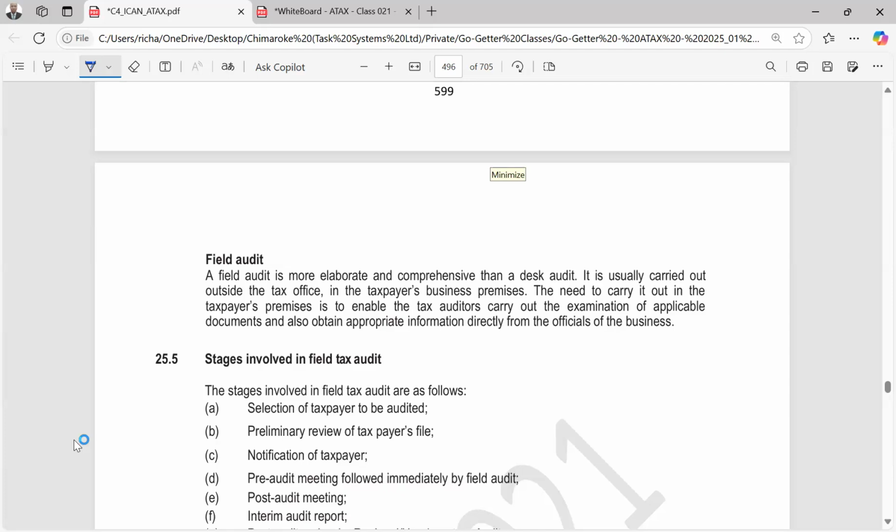It's just like saying that you have assets that you are claiming capital allowance. They will want to come and see that asset. You have an asset schedule and you say maybe this KVA generator is located in Gwagwalada, Abuja. They will want to go to that place and see it's located there.